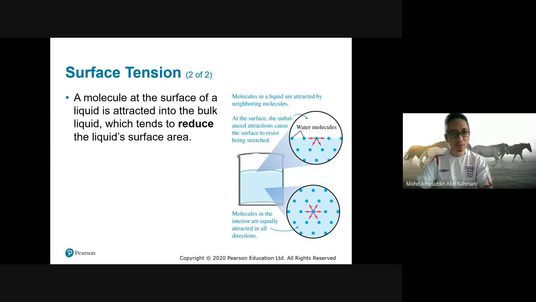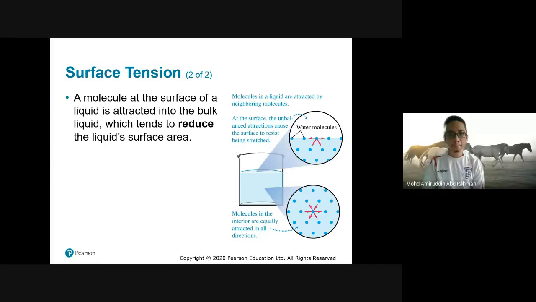So we have the water molecules, and between all of those molecules we have the surface tension. These molecules in liquids are attracted by the neighboring molecules. At the surface, the unbalanced attraction causes the surface to resist being stretched.